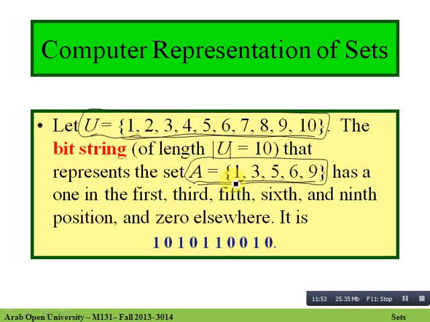For example, 1 is present, so in the place of 1 we mark 1. 2 is not there, we mark 0. 3 is there, 1. 4 is not there, 0. 5 is there, 1. 6 is there, 1. 7 is not there, 0. 8 is not there, 0. 9 is there, we place 1, and 10 is not there, we place 0. So in this fashion we place the bit strings in the computer for the sets.